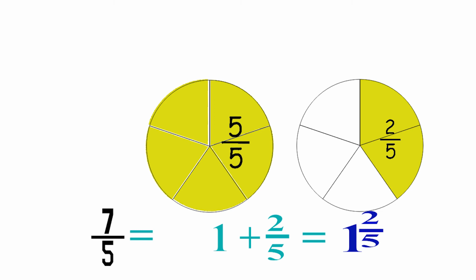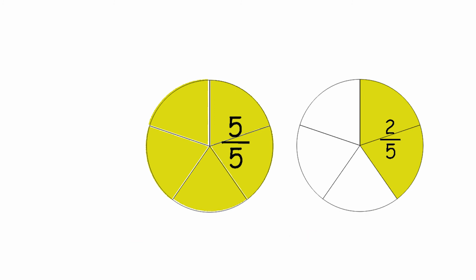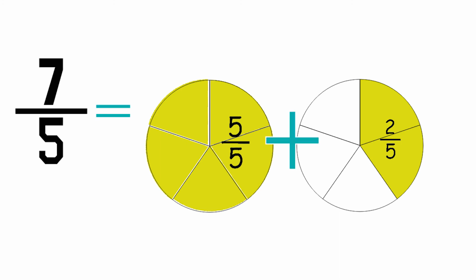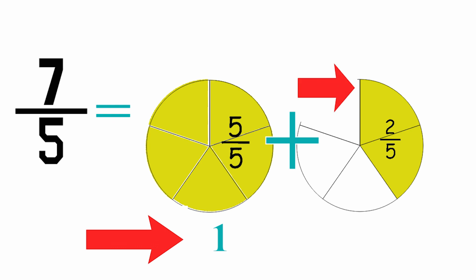Let's repeat that again if that was a bit too fast for you. You have your improper fraction where your numerator is greater than the denominator, and what you do is you find out how many ones there are. So what you need to do is you keep taking segments out until you get 1. This is 5/5. You've taken 5 away. How many have you got left over? You've got 2 left over.